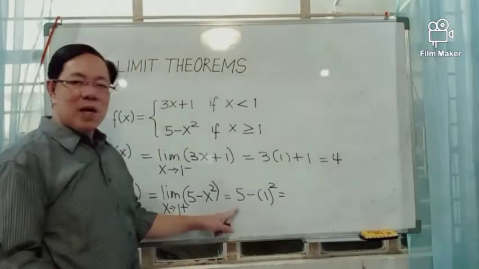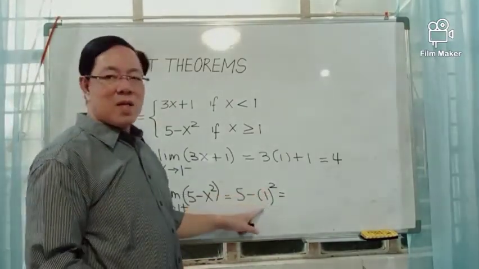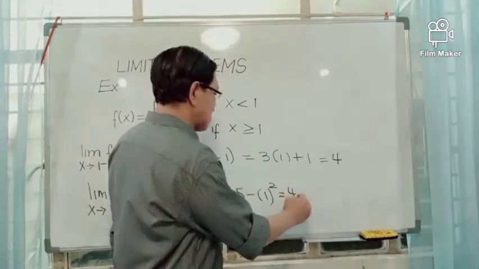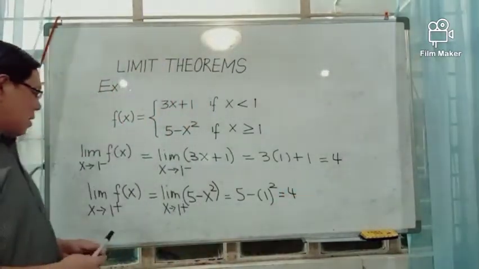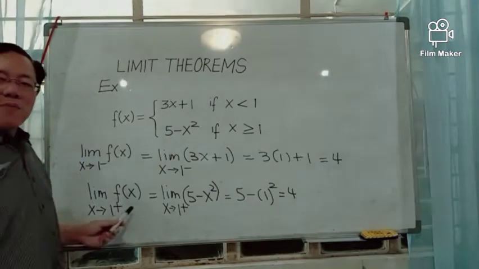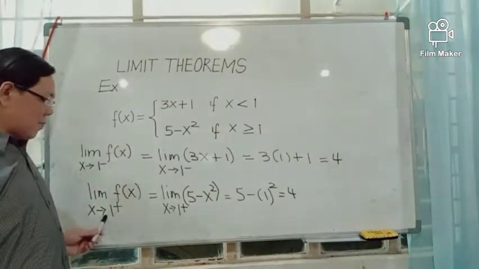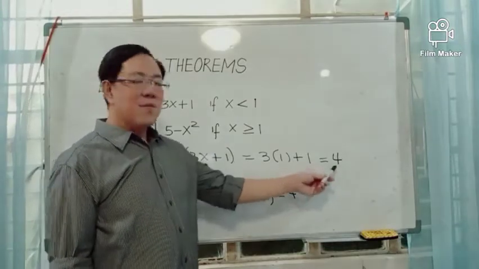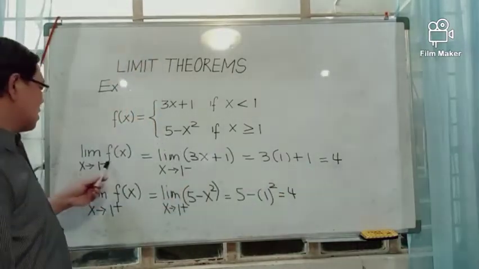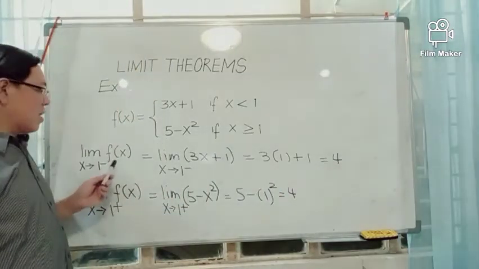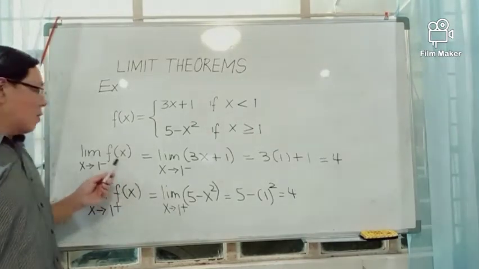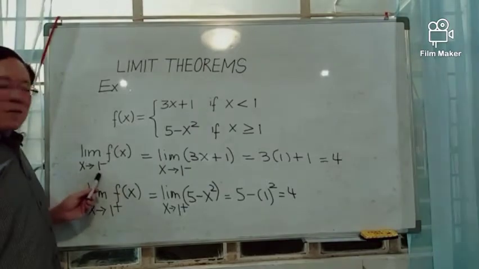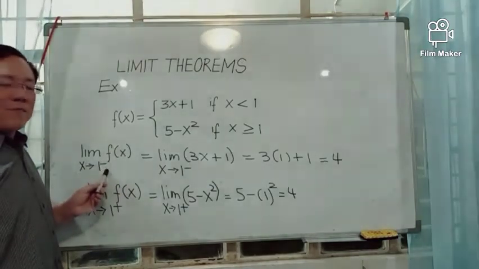The square of 1 is 1. 5 minus 1 is 4. Hence, the right-hand limit of f of x as x approaches 1 from the right is 4. And 4 is also the left-hand limit of the function f of x, or the limit of f of x as x approaches 1 from the left.